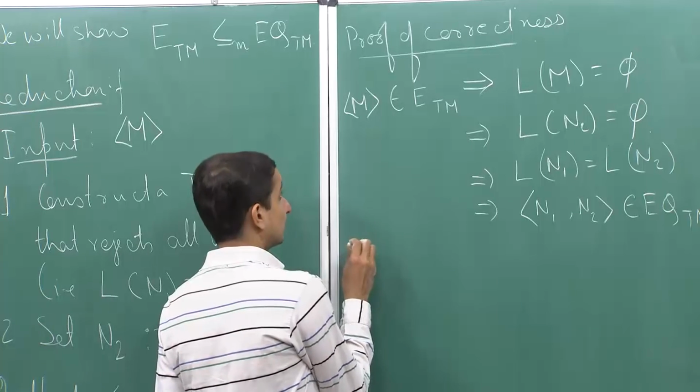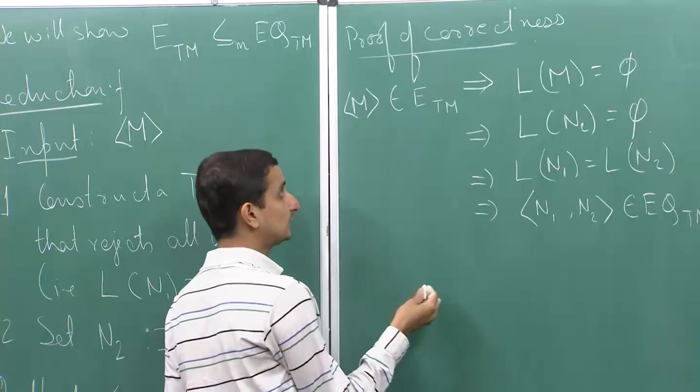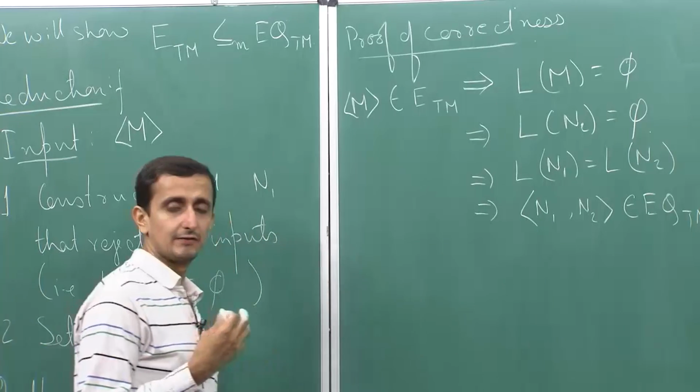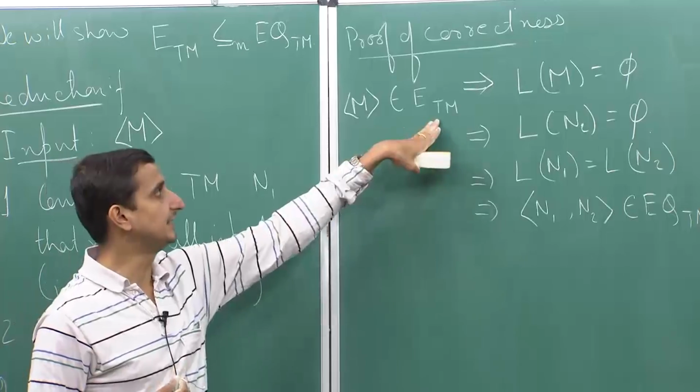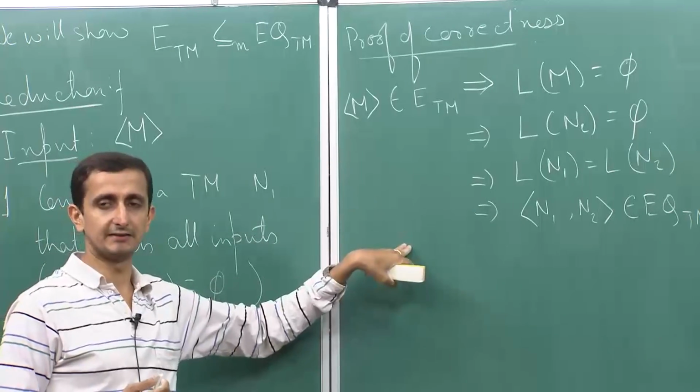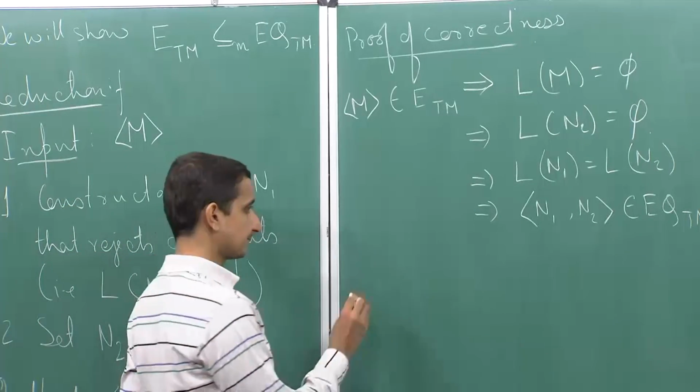Now, on the other hand, we have to show both directions. Observe that we should show it both for instances which are in the language and instances which are outside the language. So, it is an if and only if condition.